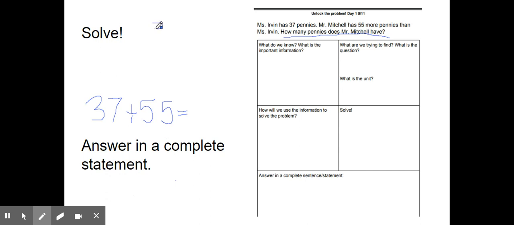I'm also going to write it vertically so that it's easier to bundle our ones because I can tell that we are going to need to make a new group, a new 10. Sorry, that's so messy. 37 plus 55.